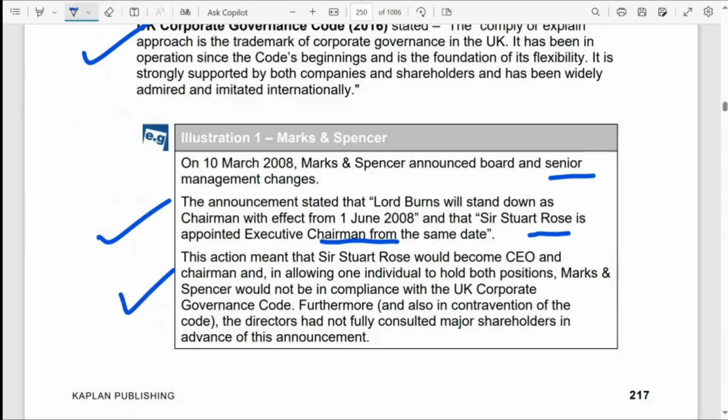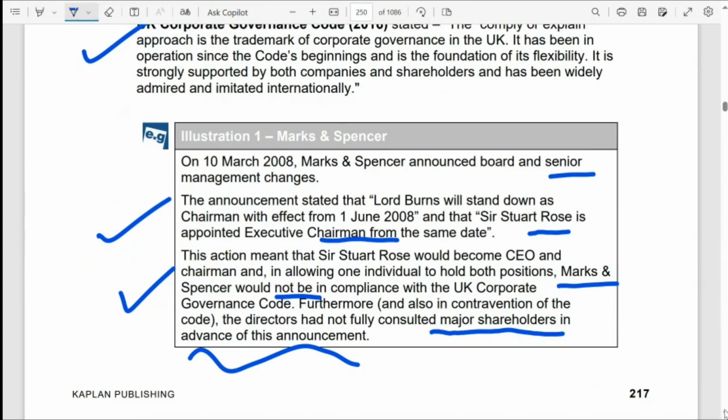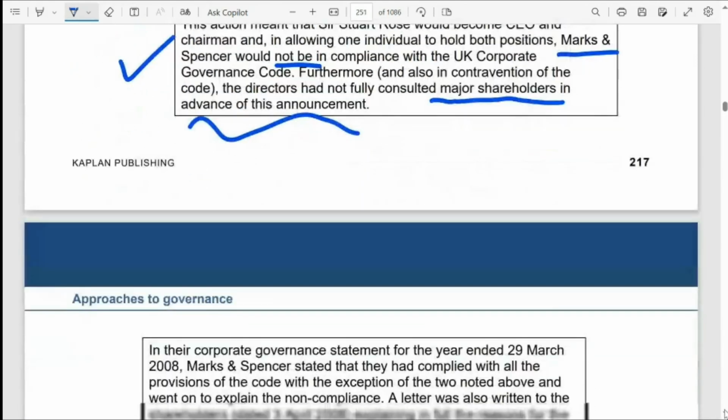The action meant that allowing one individual to hold both positions of CEO and chairman, Marks and Spencer would not be in compliance with the UK Corporate Governance Code. Furthermore, also in contravention of the code, the directors had not fully consulted major shareholders in advance of this announcement. So this is the way how it happened.